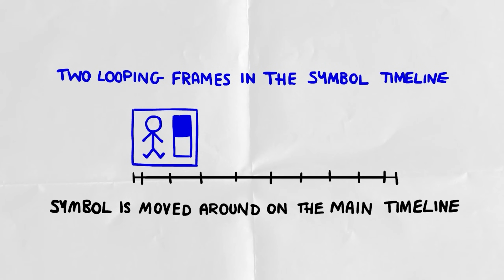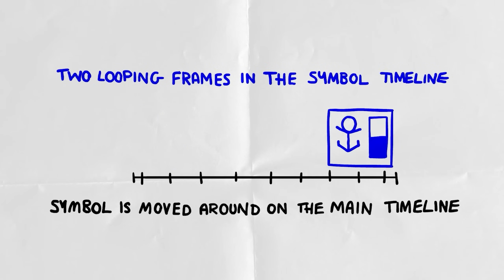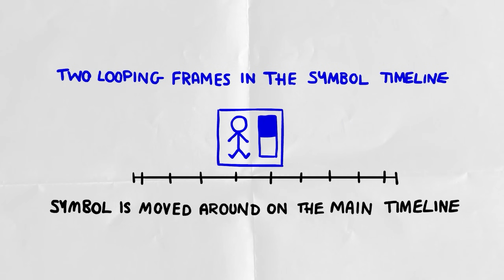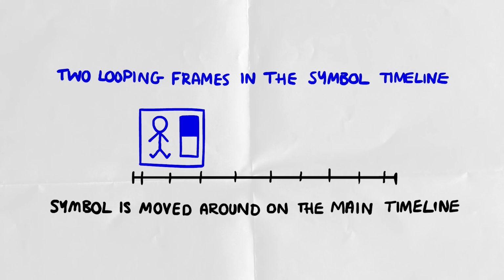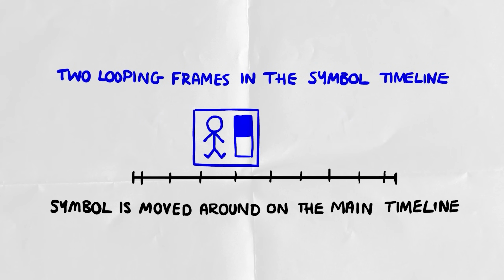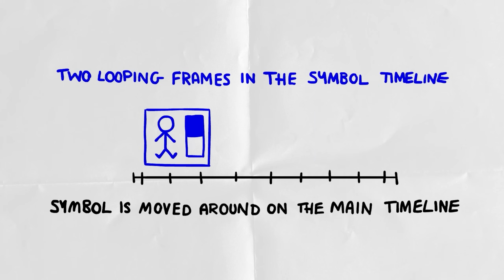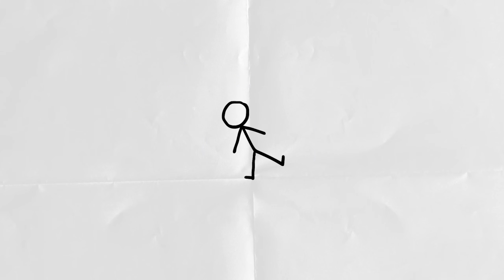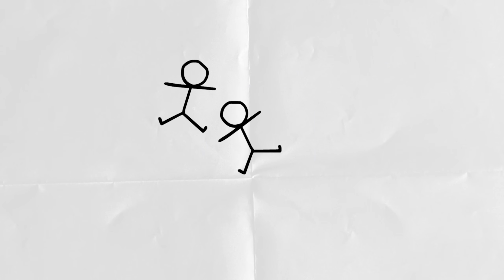When you make a symbol, the content is wrapped up and given its own timeline that works in tandem with the main timeline. This is known as nesting and allows you to easily loop, repeat, or select specific segments of that symbol's timeline and play them in your main timeline, a bit like pre-composing in After Effects if you're familiar. Basically, you can animate something once and use it over and over again, which is brilliant.